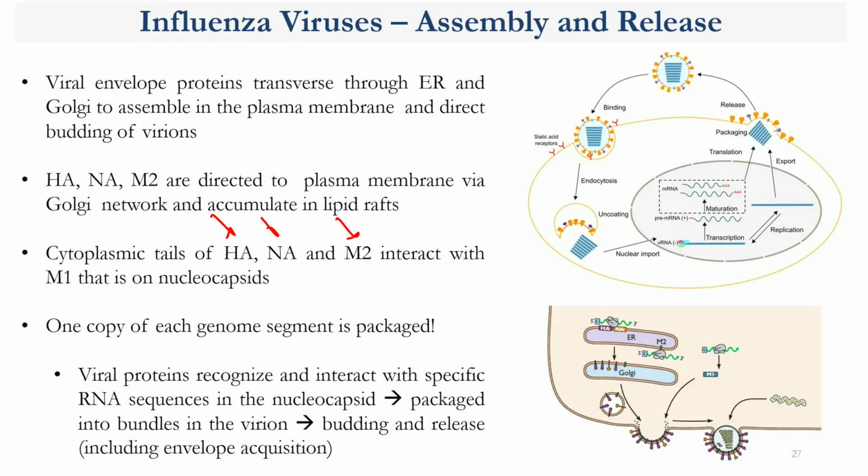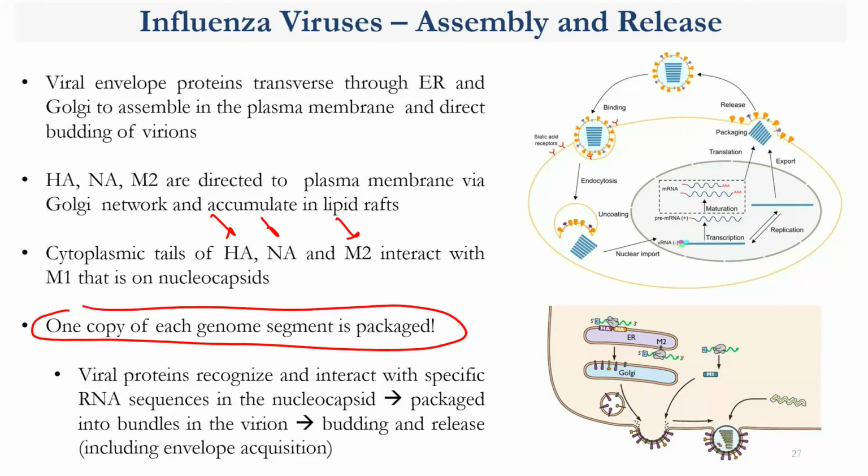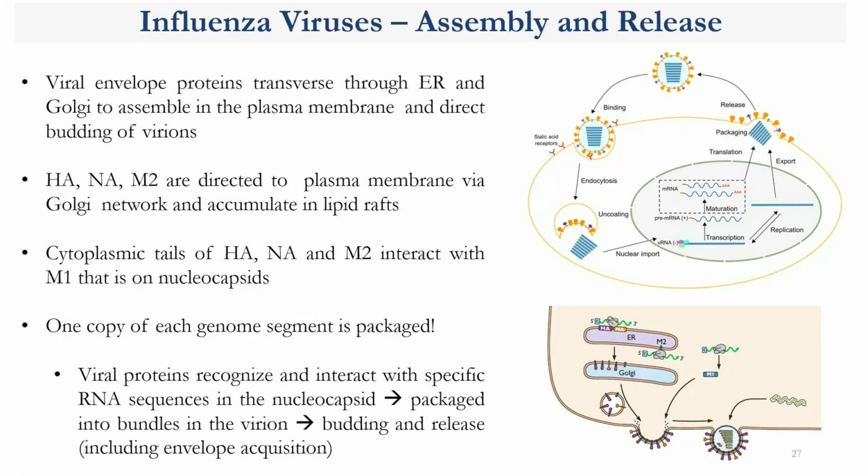And lastly, one important aspect is that only one copy of each genome gets packaged, okay? Because there are viral proteins that recognize and interact with specific RNA sequences within the nucleocapsid. And as a result, it gets packaged as bundles into the virion, okay?